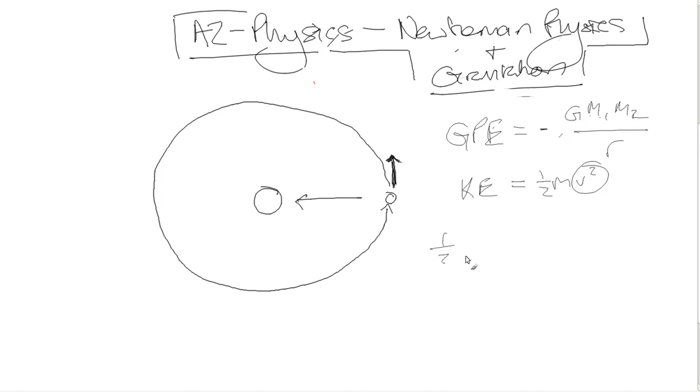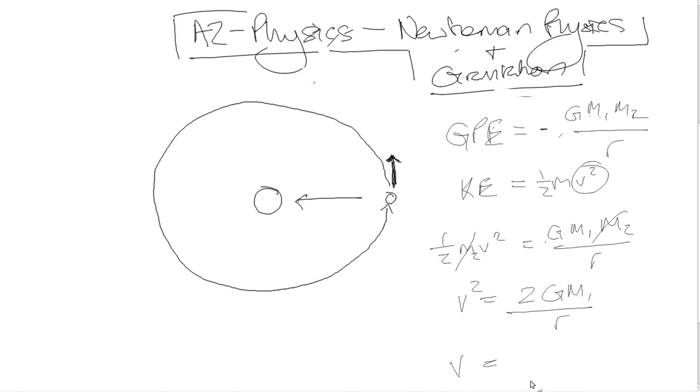So we equate them. Half mv squared is equal to G m1 m2 over r. Again, this is m2 as well, so m2 on both sides, cancel that off. v squared is equal to 2 G m over r. v in this case is equal to the square root of 2 G m over r.